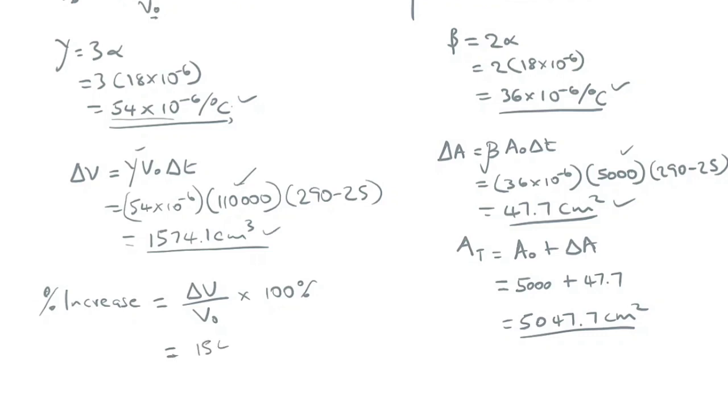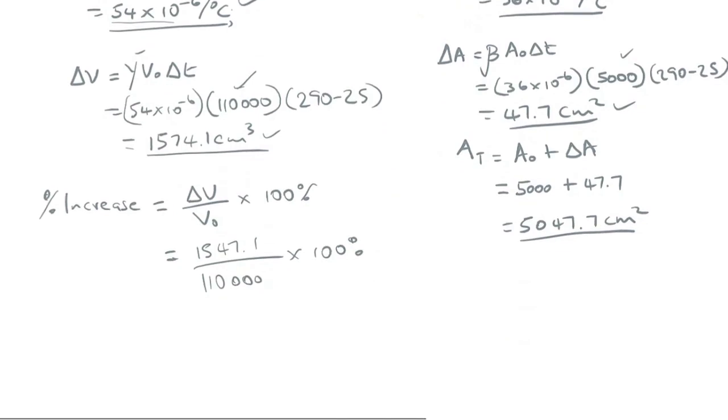It is 1574.1 divided by the initial volume, 110,000, times 100%. Then what we get here is the percentage increase in volume to be 1.431%. That's what the last question is looking for.